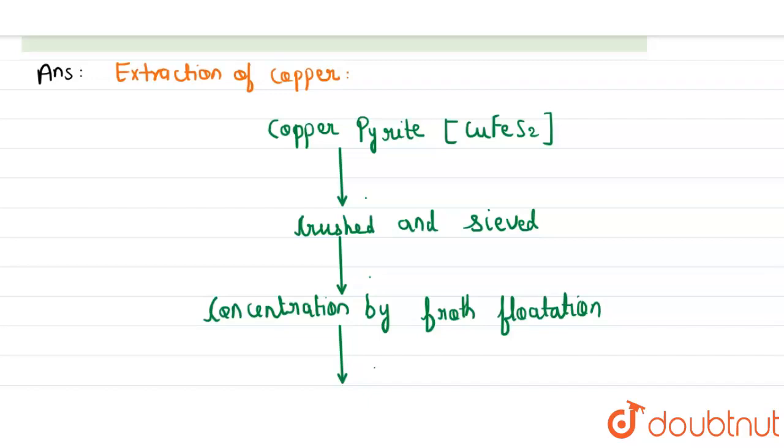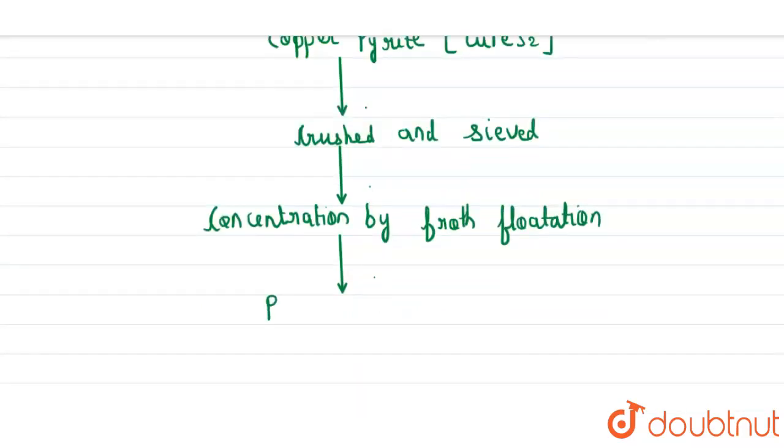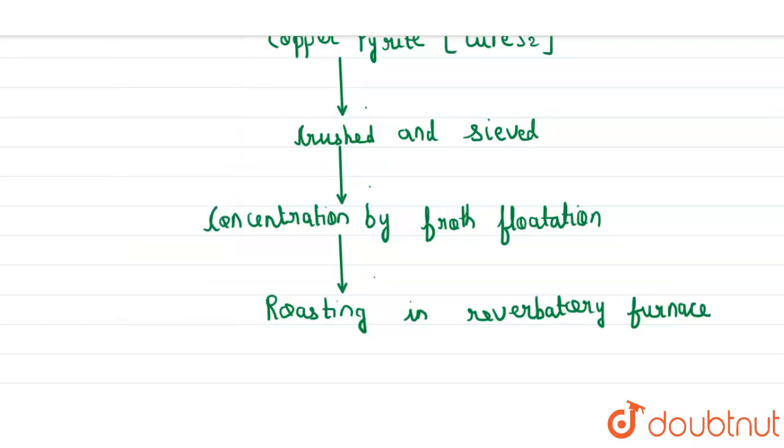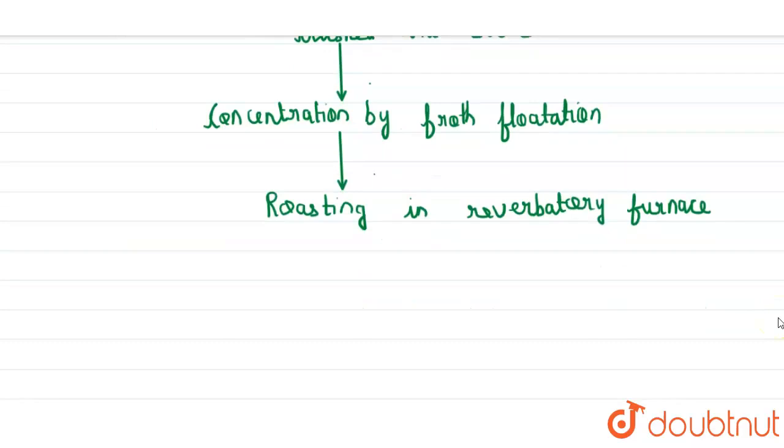Now what happens next is we perform roasting in the reverberatory furnace. The reactions that happen here are oxidation reactions. Sulfur gets oxidized to sulfur dioxide.